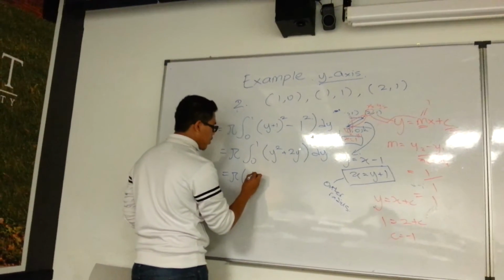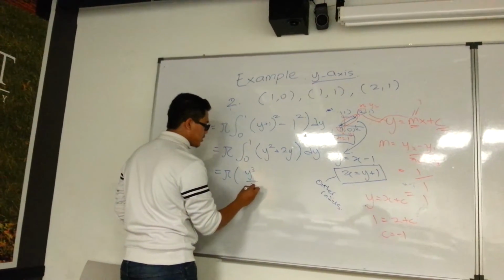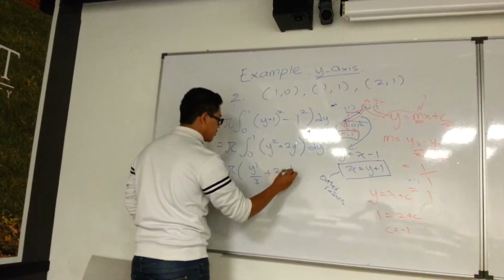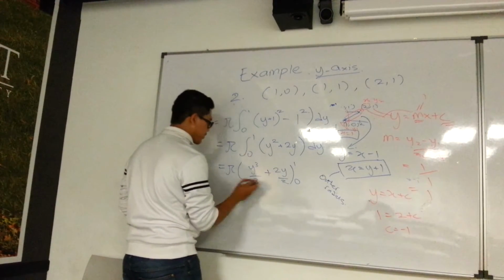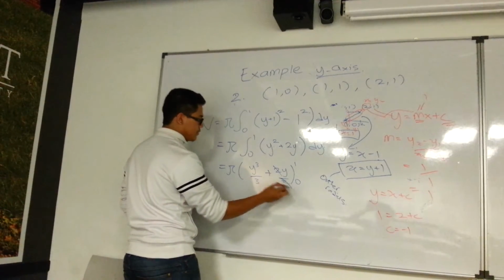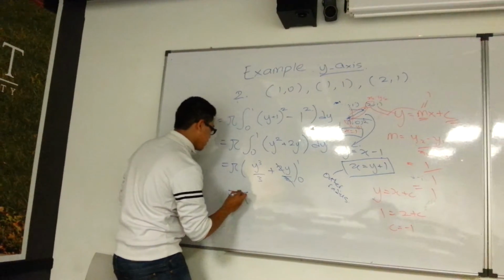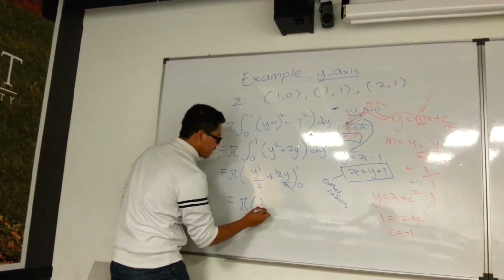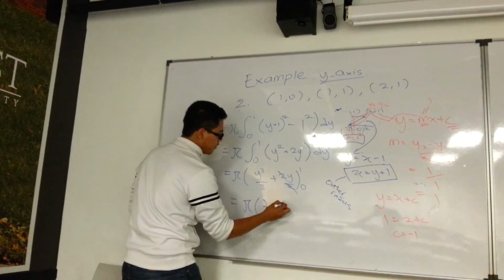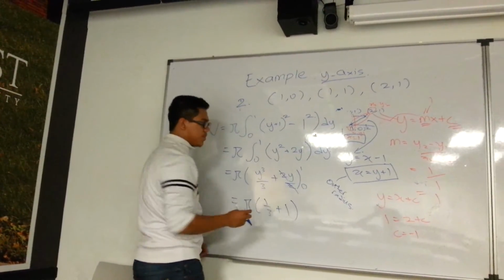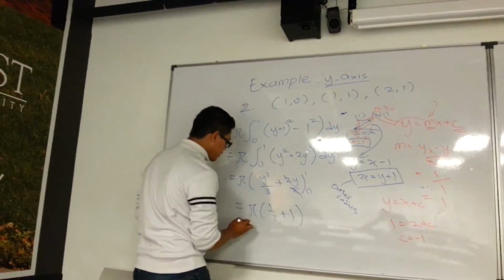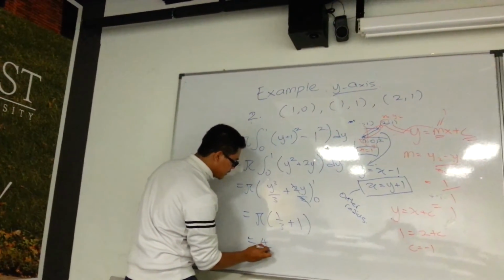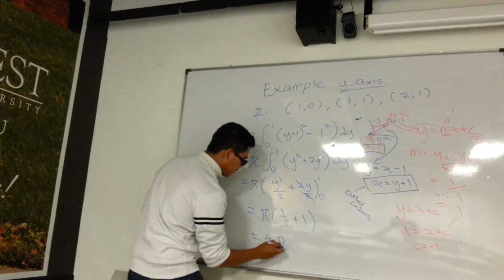Integrate of this is y cubed over 3 plus 2y squared over 2, from 0 to 1. This 2 can be cancelled off. And the remaining is pi. Put 1 here, 1 over 3 plus 1. And you put 0, will be 0, so you don't need to put it here. Just simplify that, it will be 4 over 3 pi.